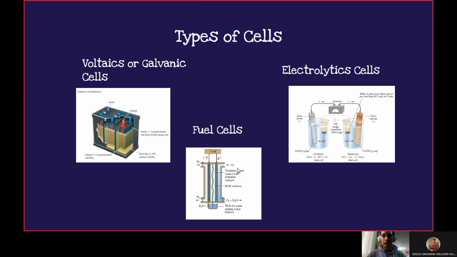Voltaic or galvanic cells are related to batteries. This one does not require an external energy source, compared to the electrolytic cells, which require an external power source in order to undergo the reaction.